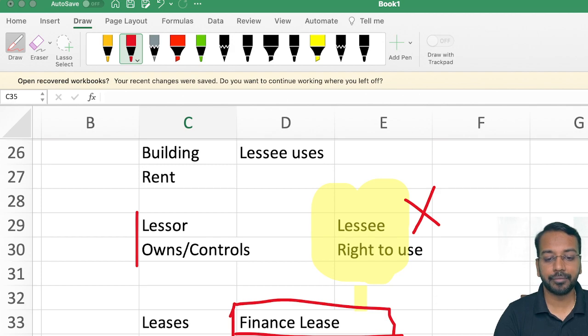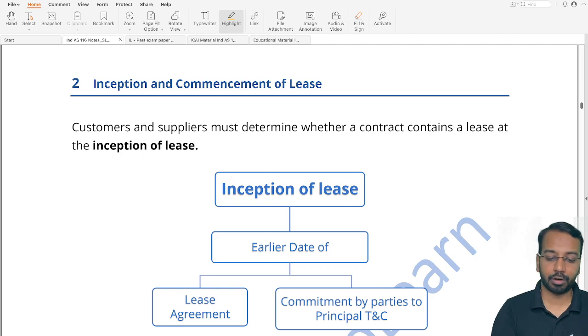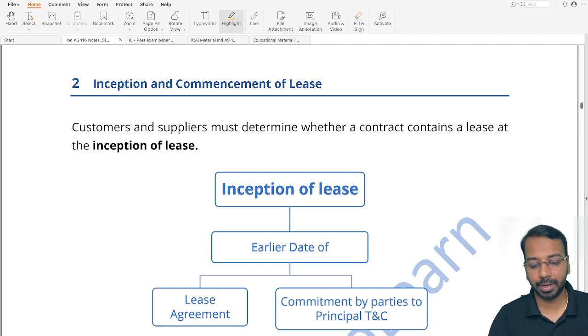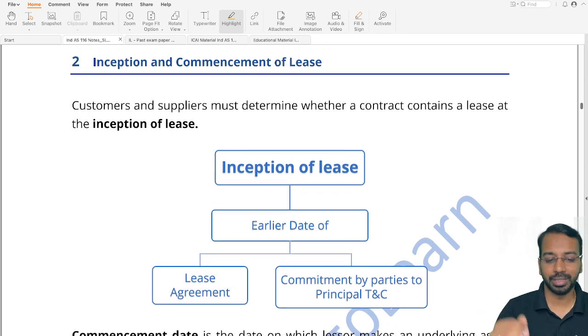Now, before we understand whether it is a finance lease or an operating lease, there are a few terms that we need to be clear of. One is inception of the lease and commencement of the lease. So what is this inception? What is this commencement? Inception means the date of lease agreement or commitment of parties to the principal terms and conditions.